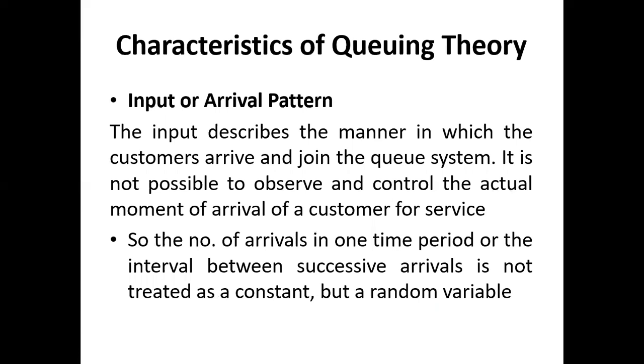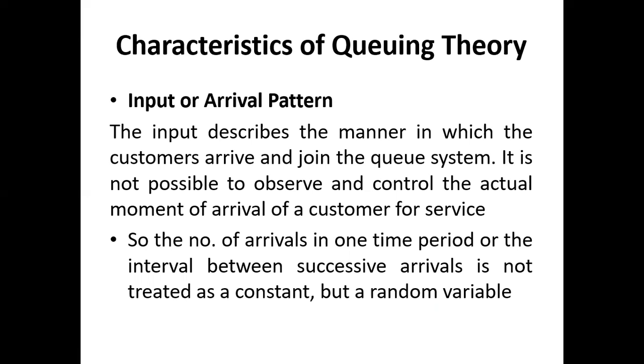There are three main characteristics of a queuing system. The first one is the input, or the arrival pattern. The input describes the manner in which customers arrive and join the system. It is not possible to observe and control the actual movement of the customers, so we take a period of time, like 1 minute, 1 second or 1 hour, and count how many of them arrive and join the queue.